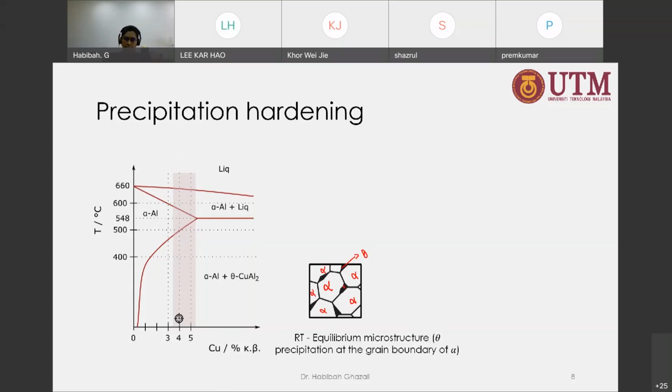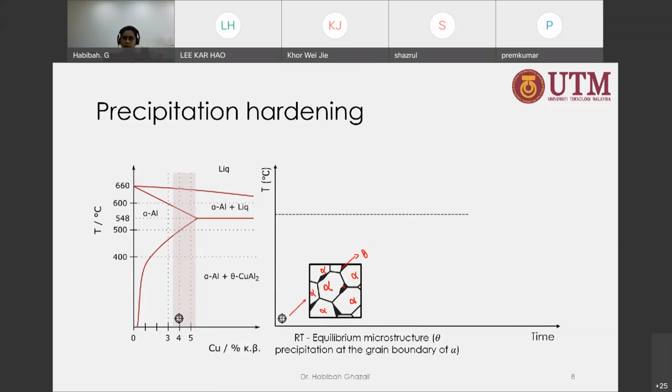When we perform this heat treatment process, we are going to heat it up again, so that all the copper goes back into the alpha solid solution. So we need to increase the temperature to where alpha will exist again.